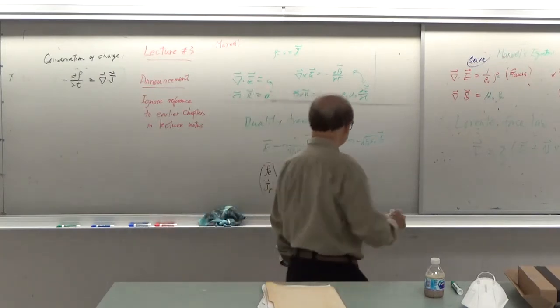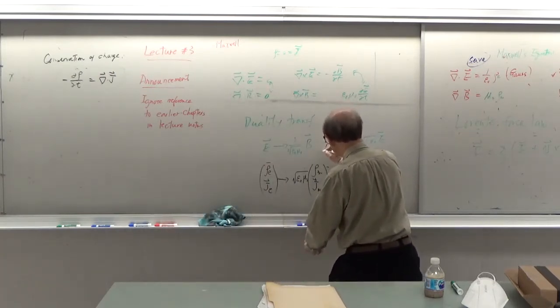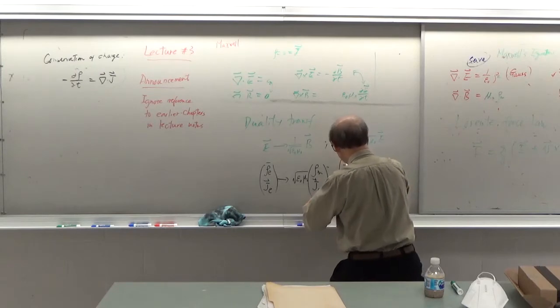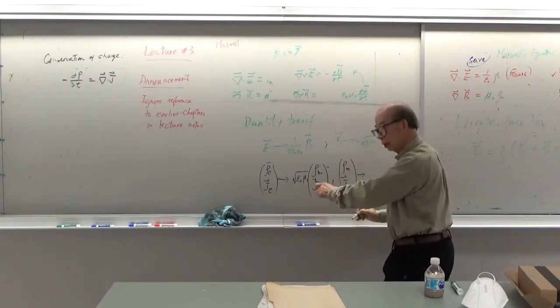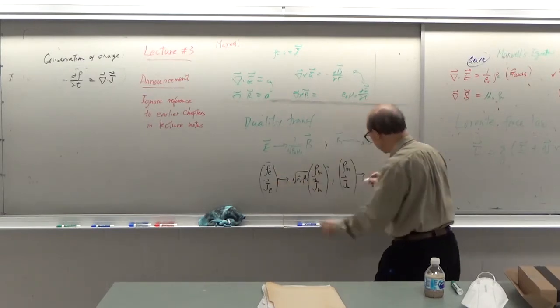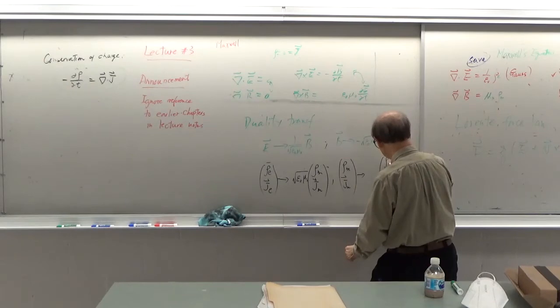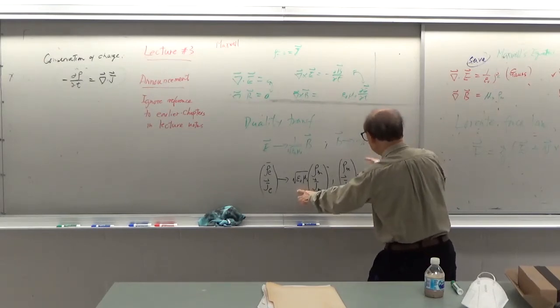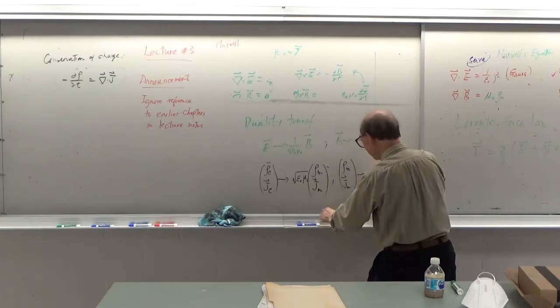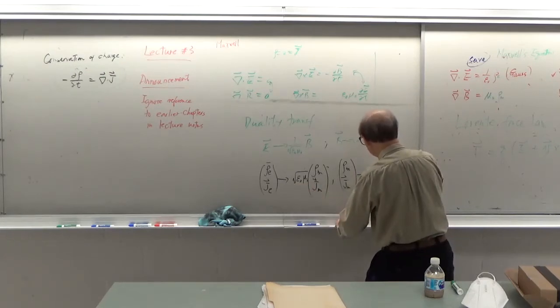And at the same time, rho sub M and J sub M go into rho sub E and J sub E, but with a minus sign and the reciprocal factor, 1 over square root of epsilon naught mu naught.